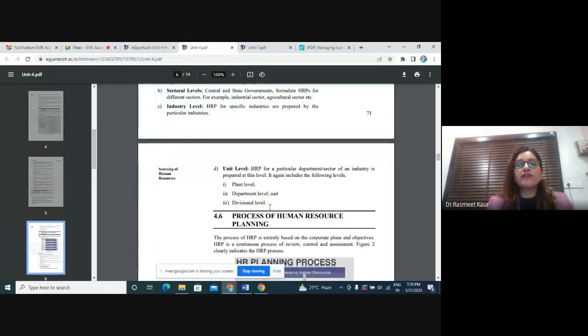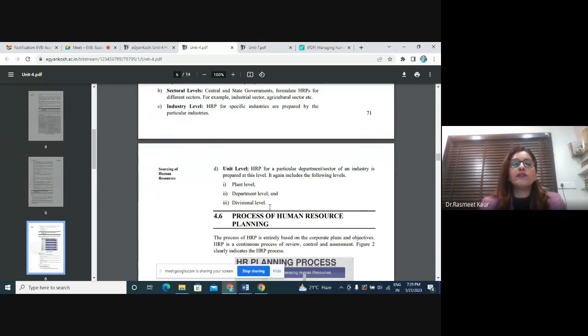If that firm has different plants or different sister concerns, you will be doing HR planning according to the different plants which that particular company has. That is how HR planning is done. Am I clear?